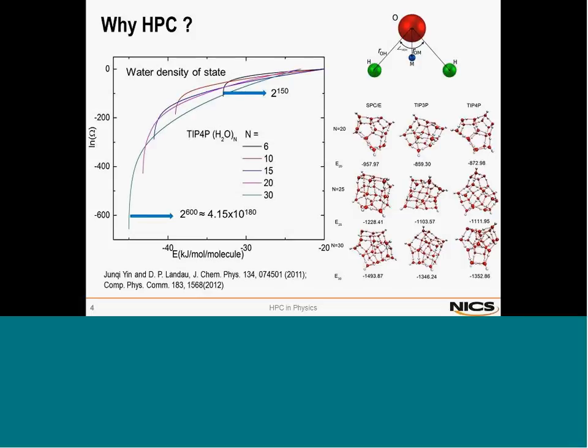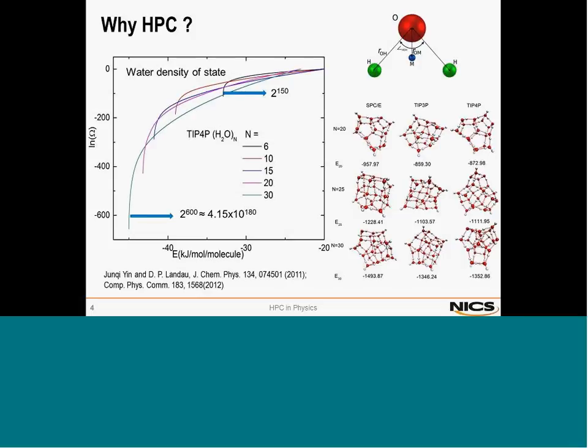Let's look at a water molecule, one oxygen, two hydrogen. It's very simple, and we consider only a couple dozen water molecules, and we want to know the ground state, the state with minimum energy, of these water molecules. And as temperature increases, what happens to this cluster, and what are the thermodynamic properties of this system?